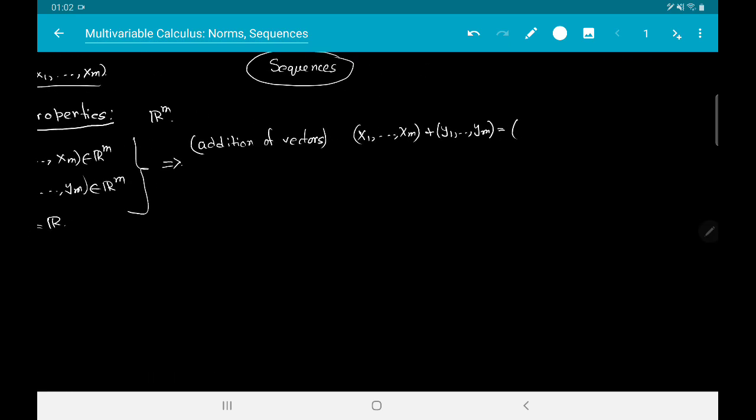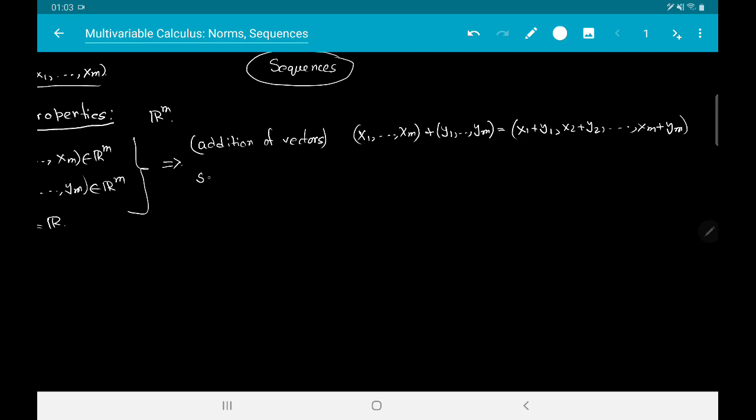We will write m tuples, and in each coordinate position I will write the first component plus the second component. So x1 plus y1, x2 plus y2, up to xm plus ym. This is the most natural definition of addition of vectors.